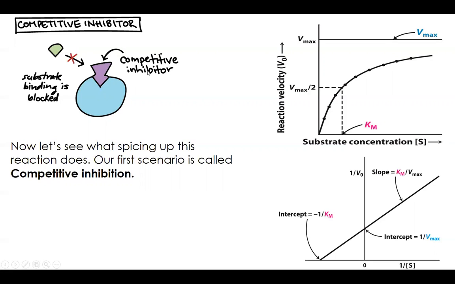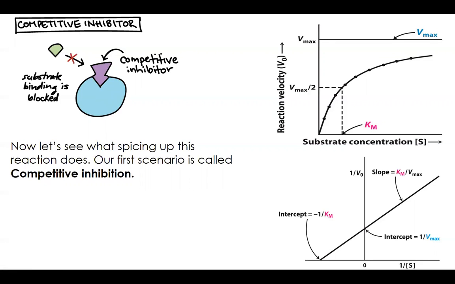How much inhibitor we've added plays a role. How much substrate is there will definitely play a role, just like we'll see. So the idea is that this is kind of random. It's not like we'll only bind the inhibitor, but there is a chance we could bind the inhibitor instead of the substrate. So this is competitive inhibition.